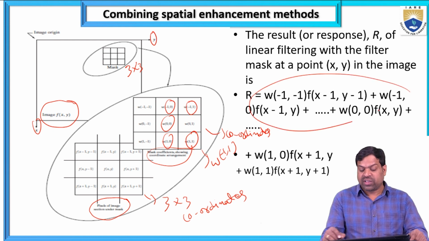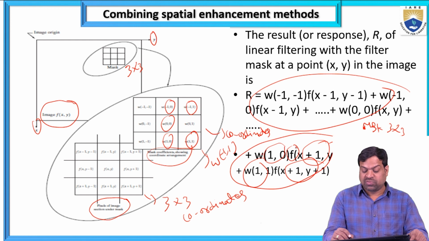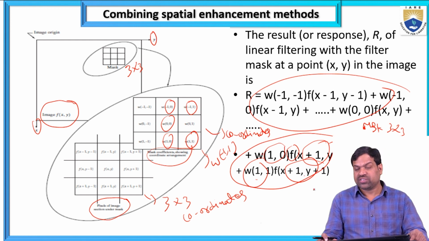So it is a mask of 3 by 3, with coordinates such as w of 1 comma 0. The mask is multiplied with the input function f. So the mask is multiplied with the input, like this.